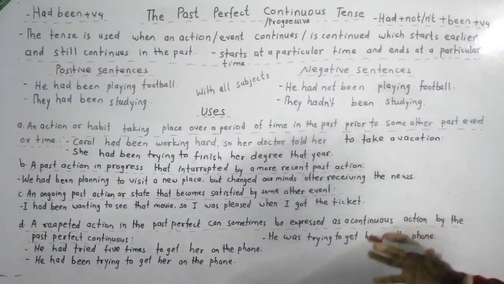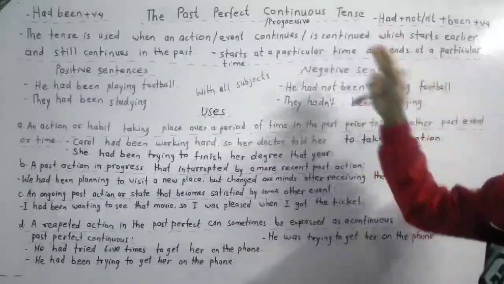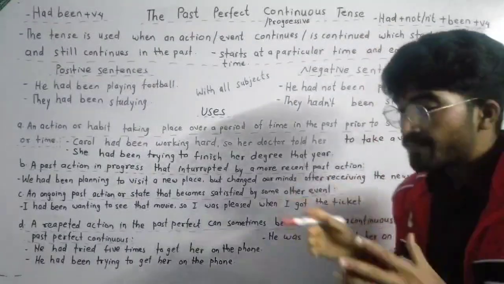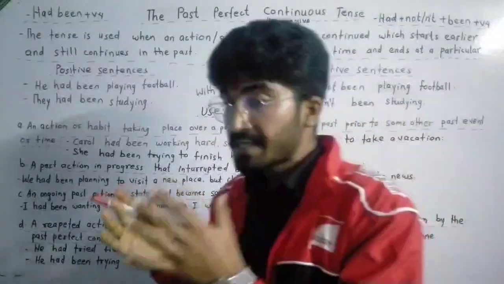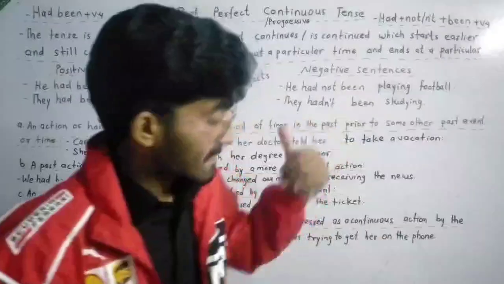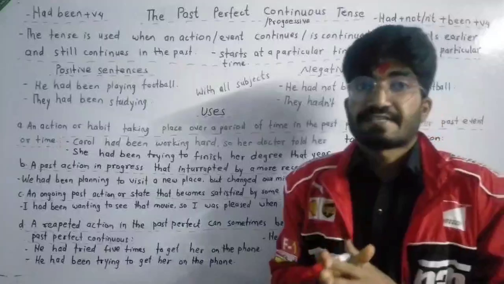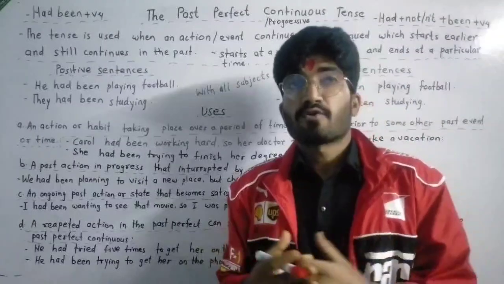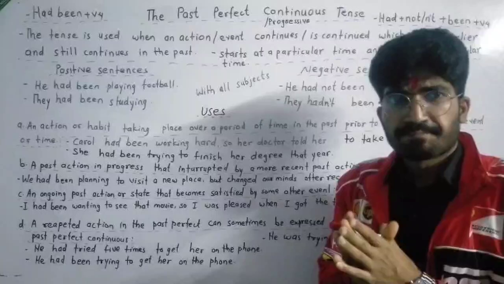So this is how we can use the past perfect continuous tense or progressive tense. Talking about this tense, mostly people prefer using the past continuous tense instead, because the meaning is almost the same.